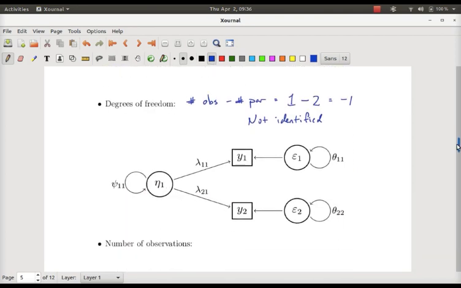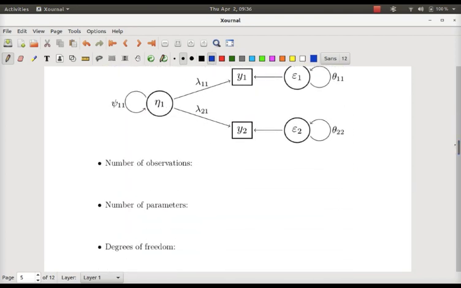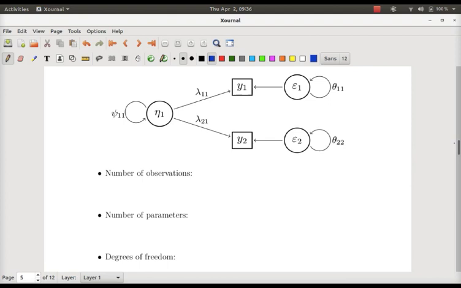This one looks a little more complicated, but maybe there's just a chance that it is identified. Well, again, first step in identification is to set the factor variances equal to 1. I almost said 0. Set them equal to 1. And now we look, what are the observations? So you may look at this first and say, well, there's 2 observations, right?